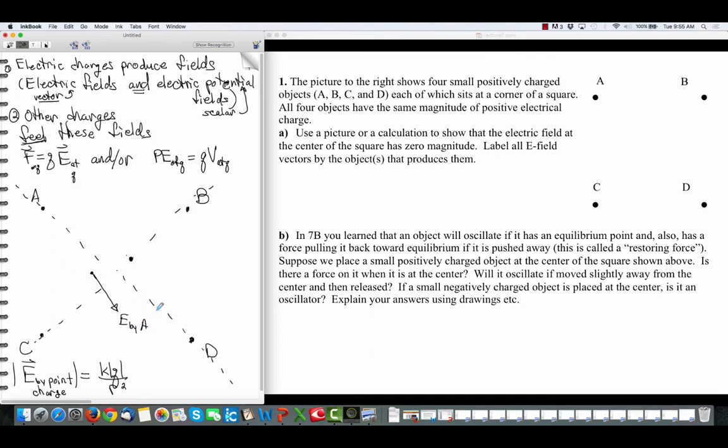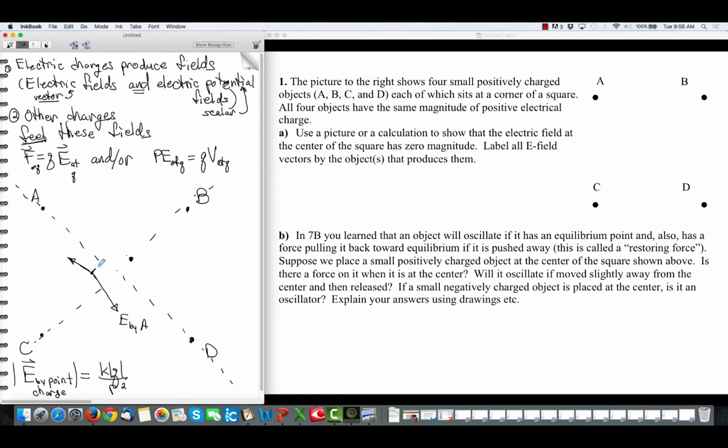The electric field by D is going to be a little smaller than it was. So I got a little closer to A and a little closer to C and farther from B and D. What is C going to look like?